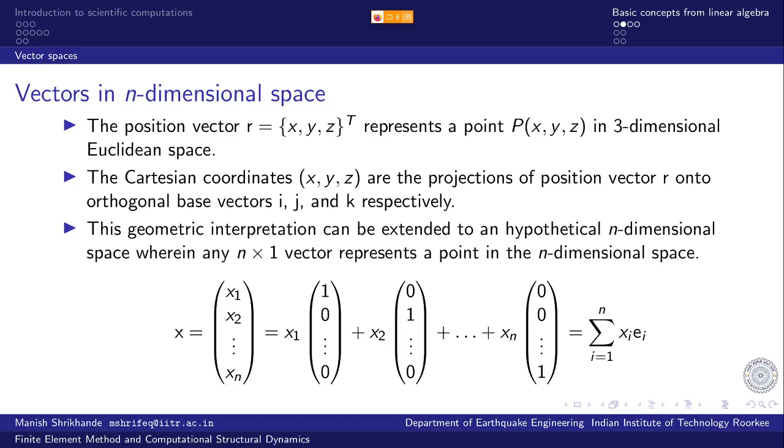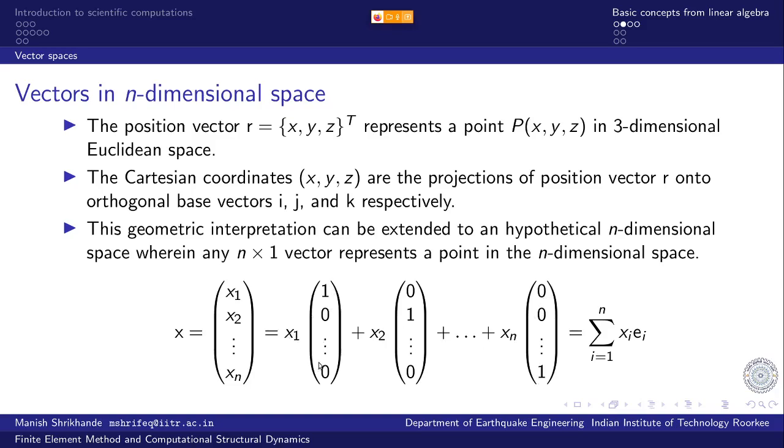So any vector of n elements can be considered as a linear combination of, again, Euclidean base vectors: 1 0 0 0, 0 1 0 0, and so on up to 0 0 0 1.